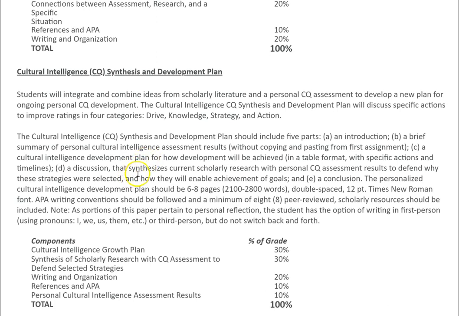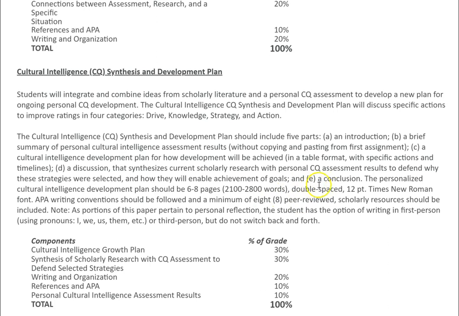According to Livermore, developing your cultural intelligence is beneficial to you because of these specific reasons, and to your organization for these specific reasons. Citation. And then go into, put your table down. And so I'll show you an example of what that looks like.